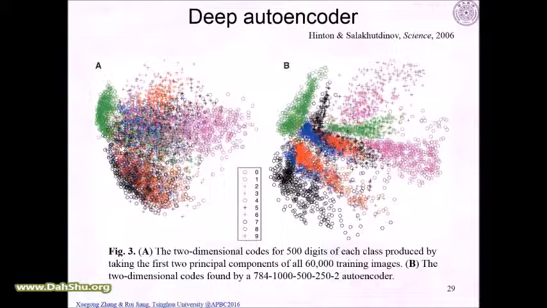So these are from the digit image, the 28 by 28 pixel digit image.